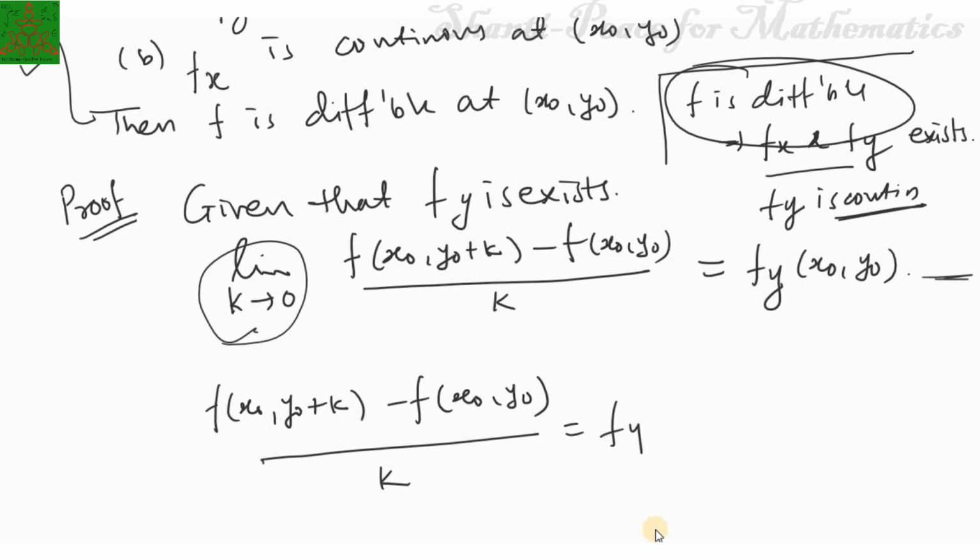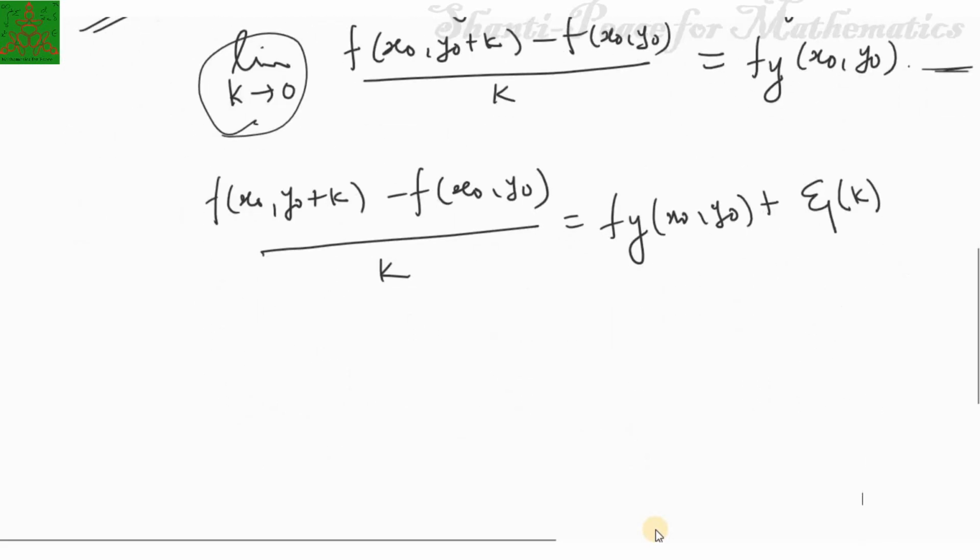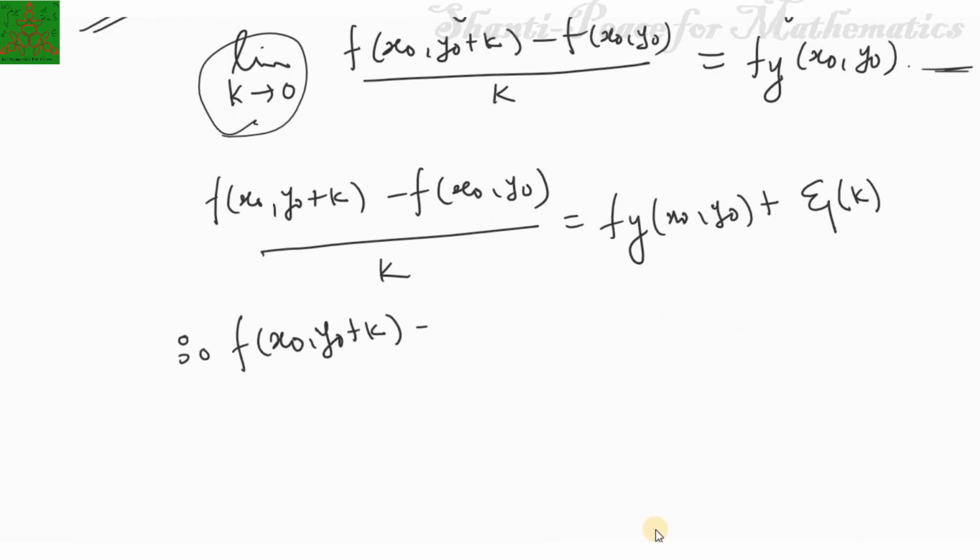So it is fy at (x0, y0) plus some error term, let's say xi(k). So ultimately we can write, therefore, f of (x0, y0 plus k) minus f of (x0, y0) equals k into fy at (x0, y0) plus k into xi.